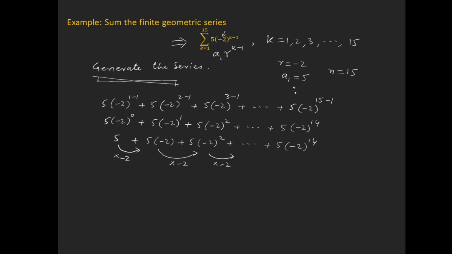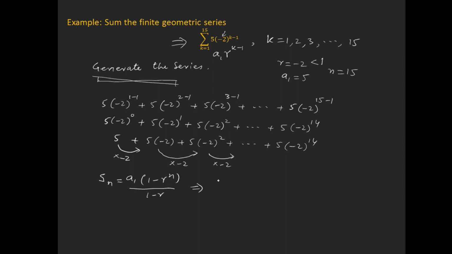This means r is minus 2, a1 is 5, that is the first term, and n is 15, and r is less than 1. So we will use the formula Sn is equal to first term multiplied by 1 minus r power n, divided by 1 minus r.